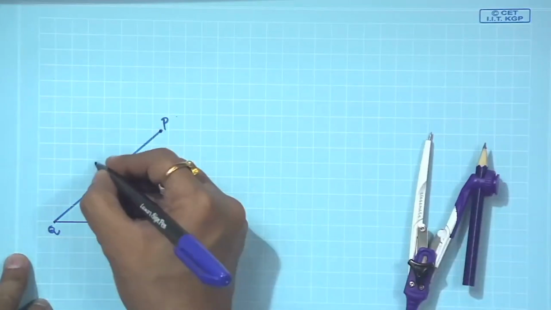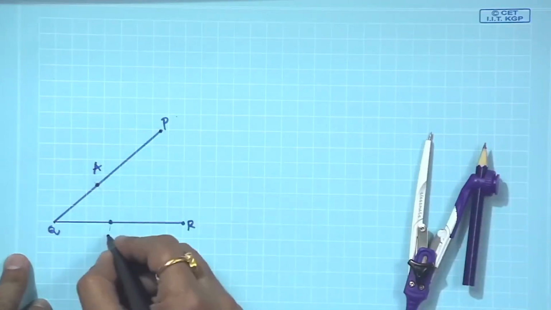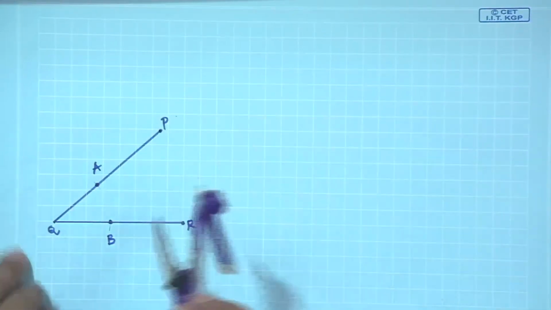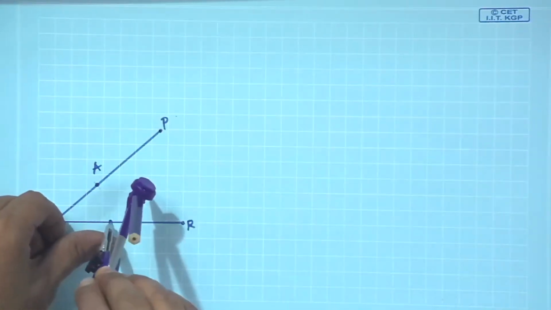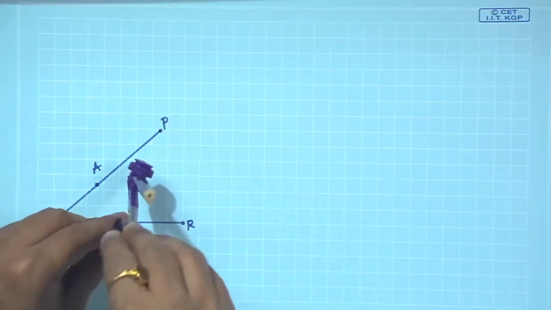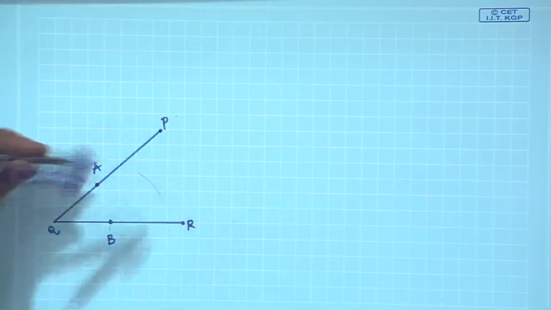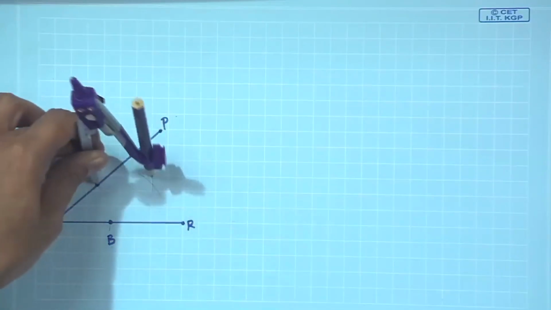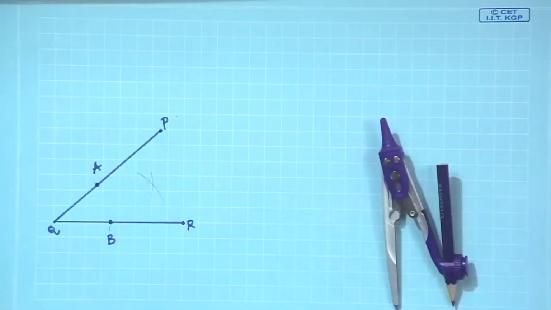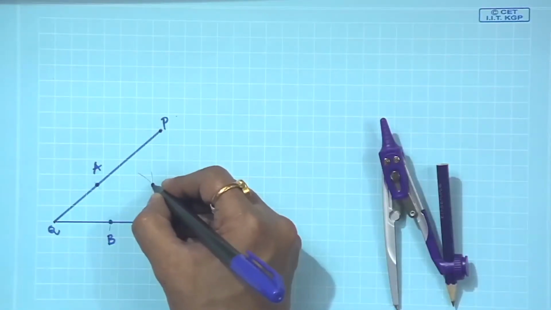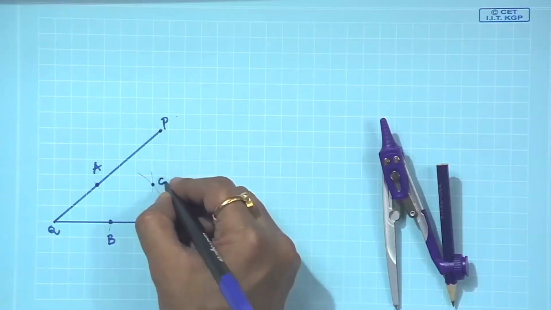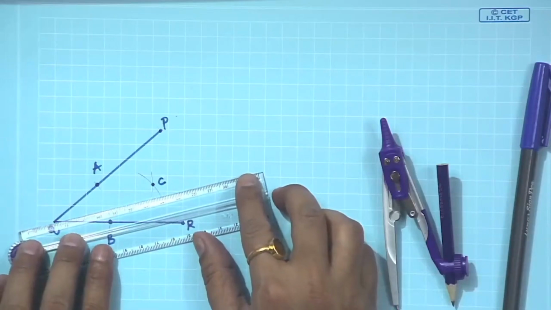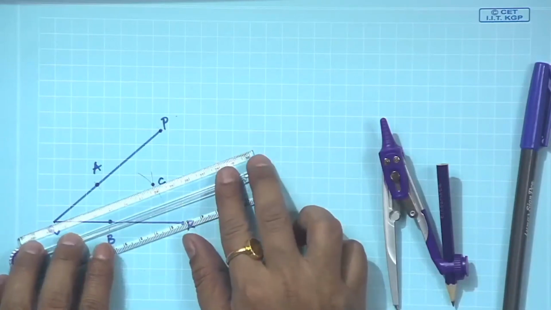Call these points A and B. With the same radius, pick B, mark an arc, where it is intersecting, call that point C. Now, join points C and Q.